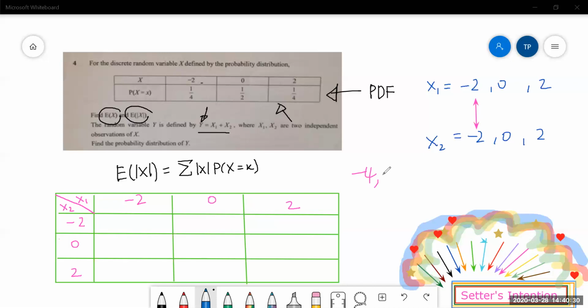You can have -2 and 0, which is -2, another discrete value. -2 and 2, which is 0 also. Then we can have 0 and -2, 2 and 0, we can have 2 and 2 which is 4. Yeah, these are all the values that we need.